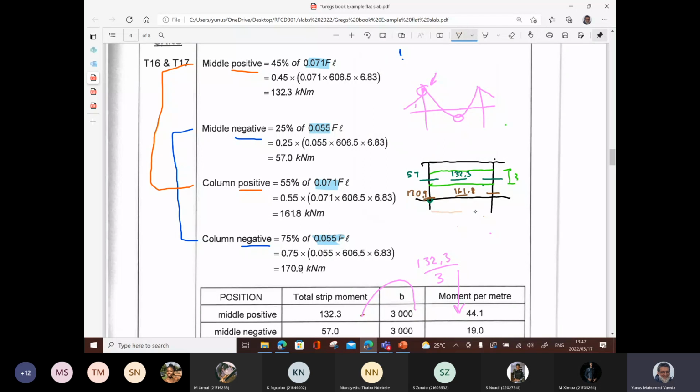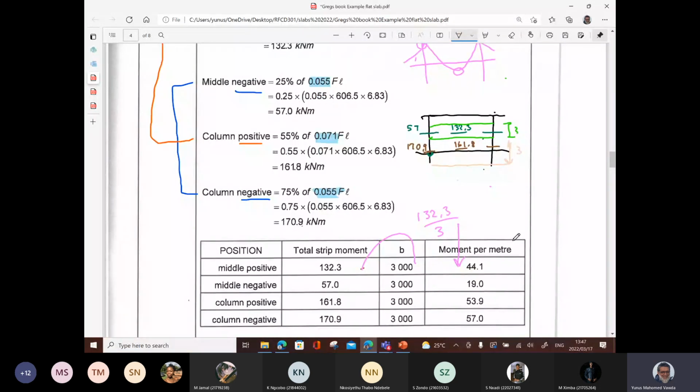That's the column strip. Does that help you? Yeah, it does help. Okay, so just annotate your book like that, and preferably with colors. The minute you look at it, you know what was going on.